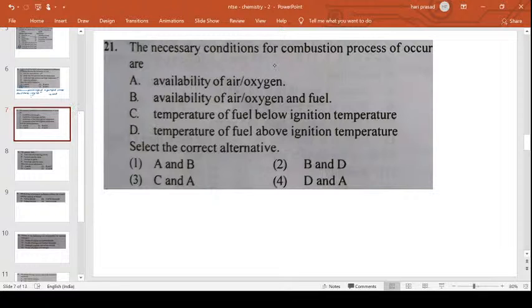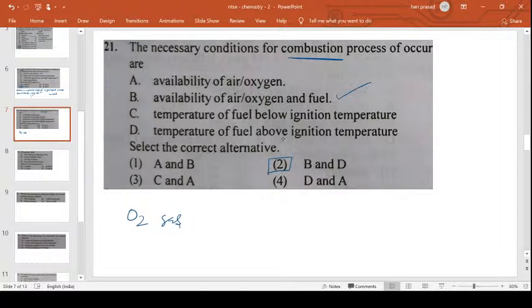Now combustion process. Combustion, the main necessity is oxygen gas. Oxygen gas is required for combustion. Whatever substance is burning requires oxygen. Okay, so oxygen is essential.